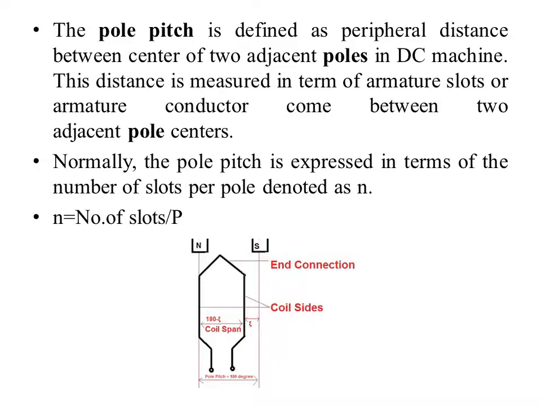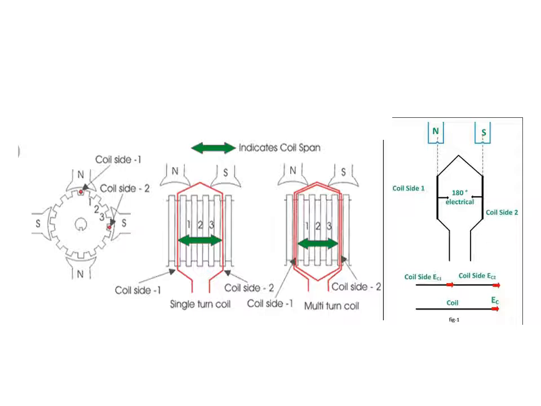So N is the number of slots per pole. You can see in this diagram, the armature structure has many slots, and many conductors are placed in the slots. Between the north and south poles, if there are 5 slots and you connect one coil from the first slot to the last slot, the EMF generated between the two conductors has a 180 electrical degree phase difference.